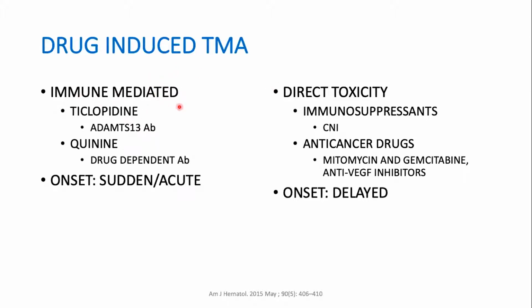One is immune-mediated, because of the formation of antibody. The onset of disease is usually sudden and very severe, and this group has to be managed with immunosuppression and plasmapheresis. Coming to the other entity, that is direct drug toxicity. This is seen in two settings, anti-cancer drugs and immunosuppressant drugs. Usually, the onset of disease is delayed because of the cumulative drug toxicity.